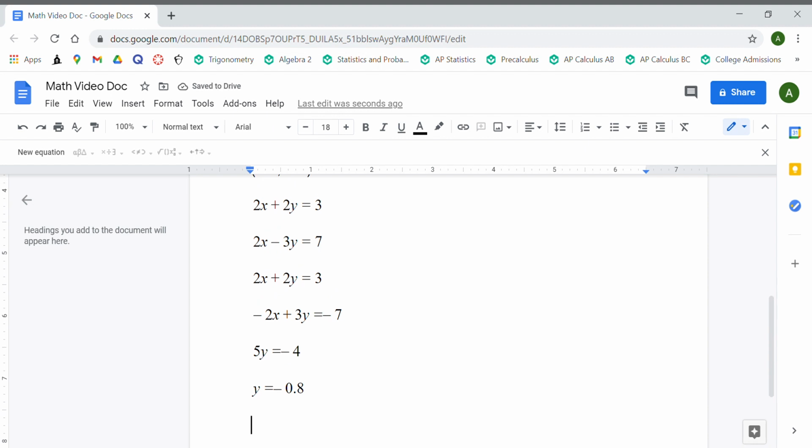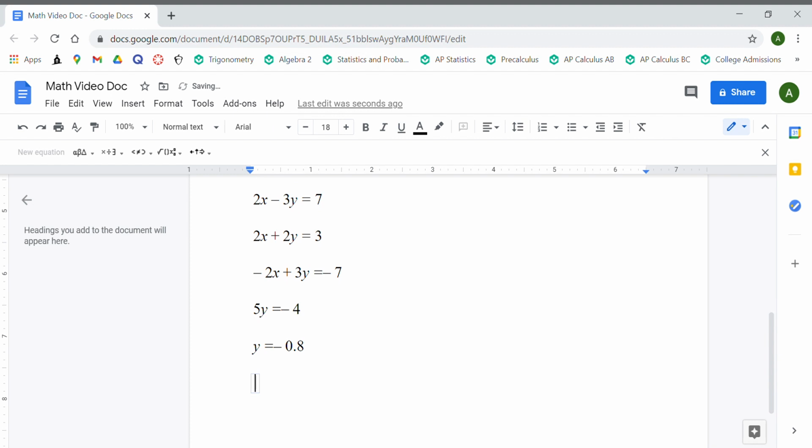Okay, follow along here. Now we substitute negative 0.8 in for y and solve for x. We have 2x plus 2 times negative 0.8 equals 3.